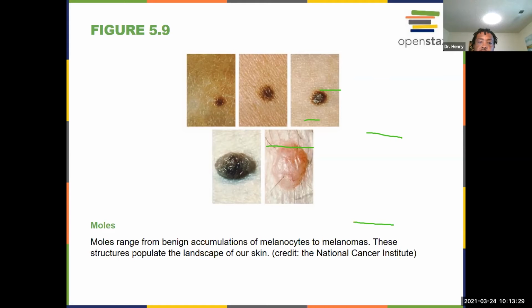If you take a look, these guys are considered benign. They started to grow, but they're not growing too fast, right? And then these guys are considered to be melanomas, where they're growing out of control, way too fast. These are the ones that are going to have to be removed because that's a form of cancer.